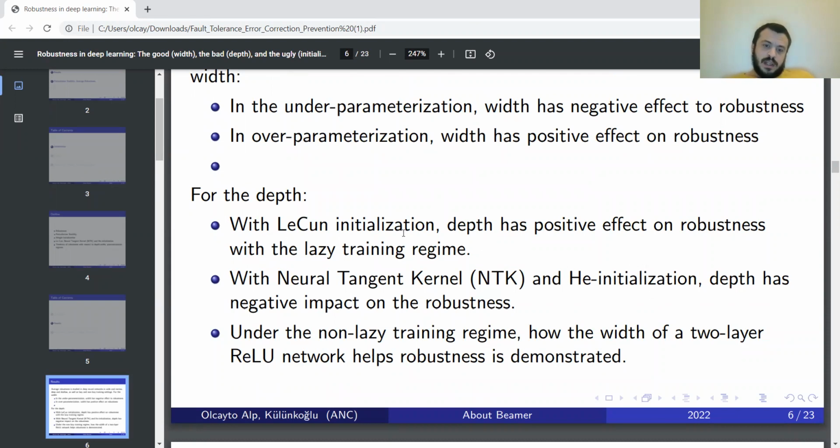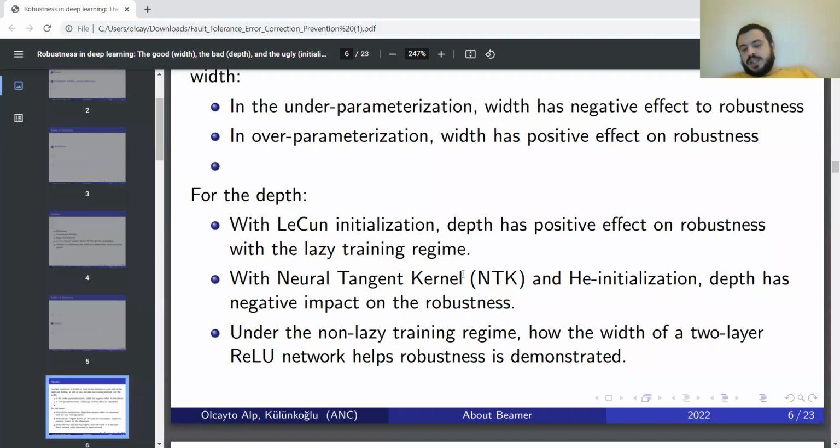They only look at these three. What is LeCun initialization? I will define it. But these three are Gaussian distributions, and only with this LeCun initialization does depth have a positive effect on robustness under the lazy training regime.